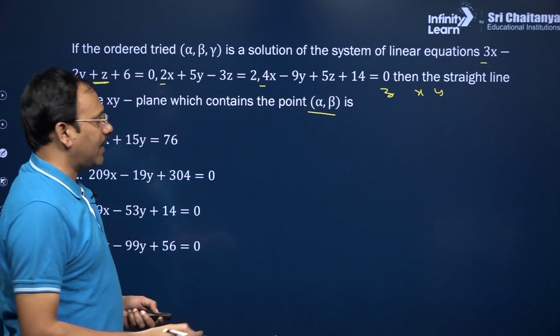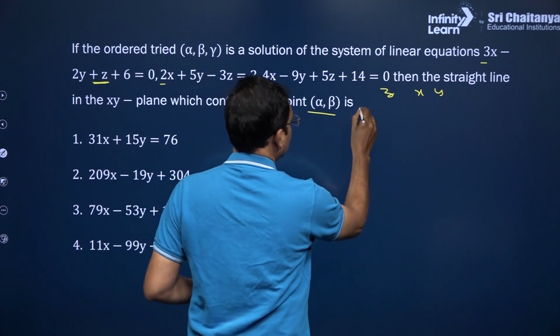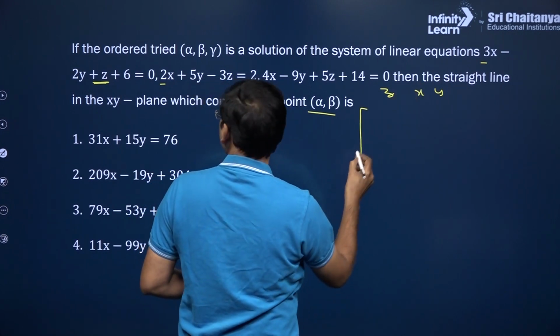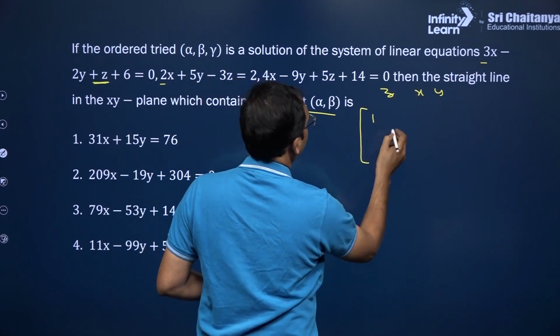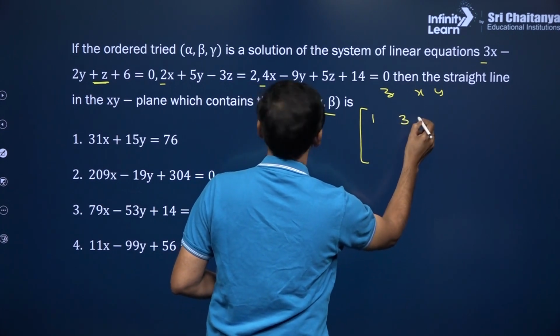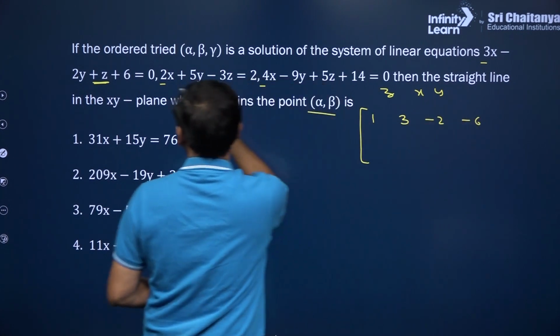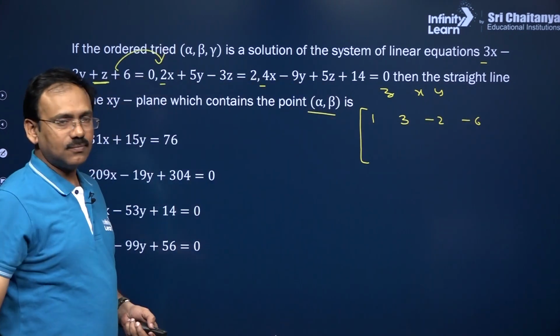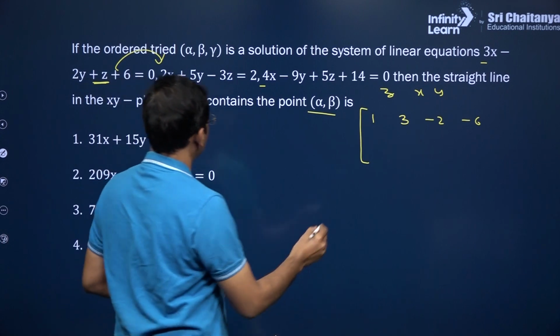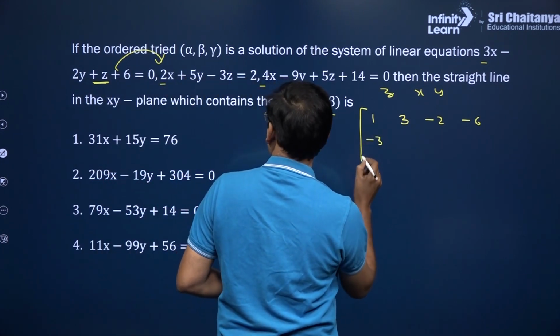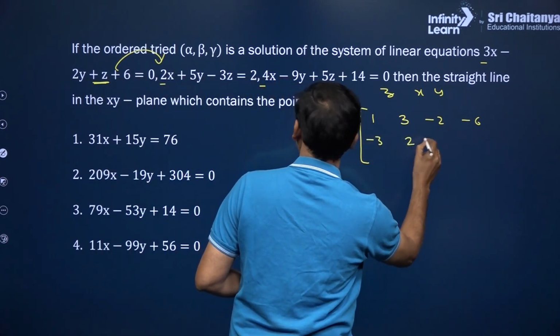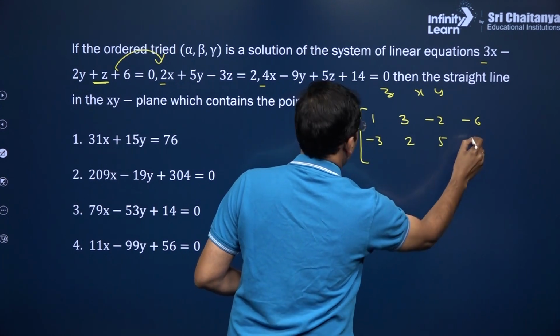Take the augmented matrix. The first row: z coefficient is 1, x coefficient is 3, y is minus 2 and constant is minus 6, because you have to take the constant this side. The second equation: minus 3 z coefficient, x is 2, y is 5 and constant is 2.